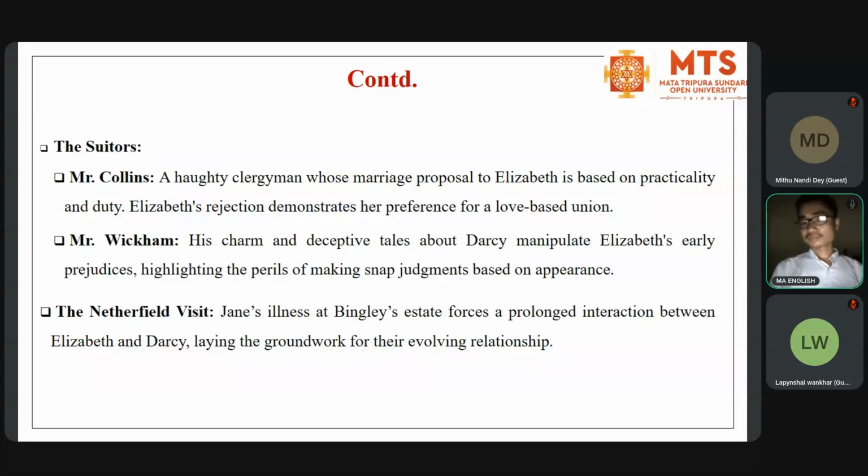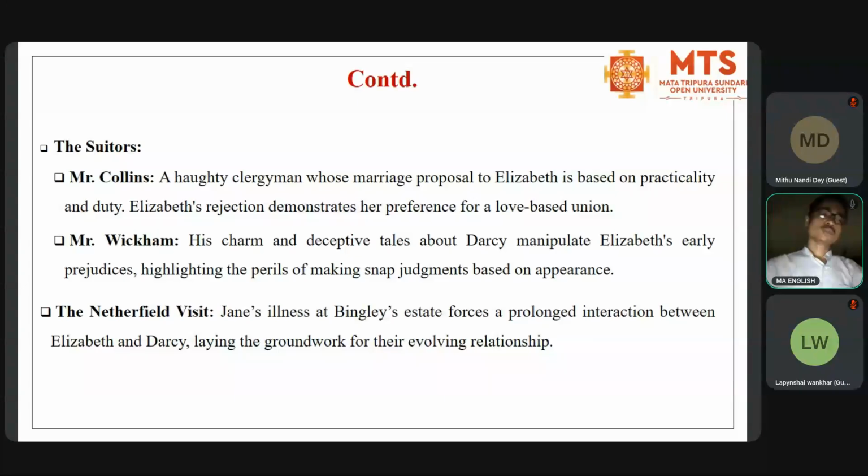And Elizabeth outright rejects the proposal of Mr. Darcy, telling him that it was an insult to her because Mr. Darcy already commented on her as not handsome enough to tempt him, and also Mr. Wickham told a lie.